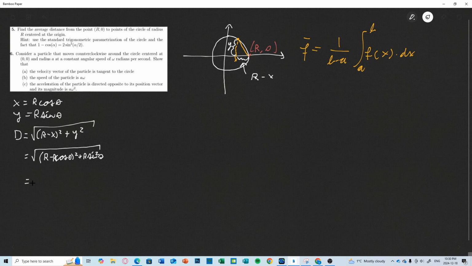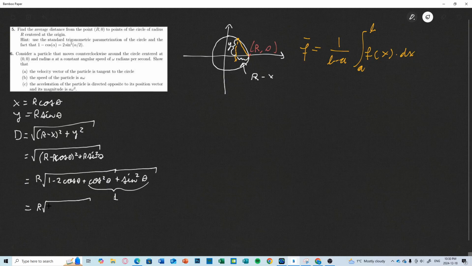And now expanding this, because we can factor out an r, this then becomes 1 minus 2 cos theta plus cos squared theta plus sine squared theta. But since the cos squared theta plus sine squared theta is equal to 1, this leaves us with just r times the square root of 2 minus 2 cos theta.